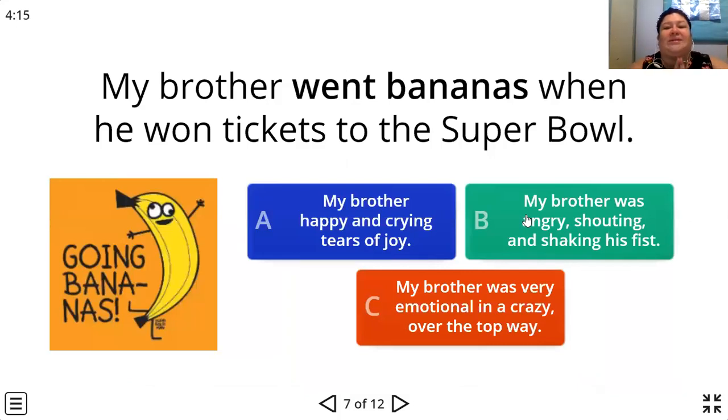My brother went bananas when he won tickets to the Super Bowl. Maria Jose, what do you think? Read the whole sentence, please. I am reading. Oh, okay.